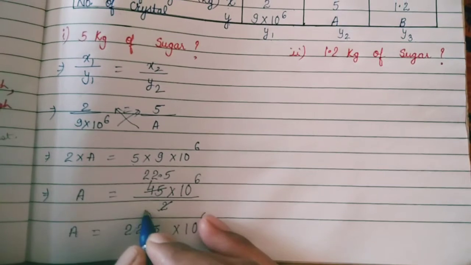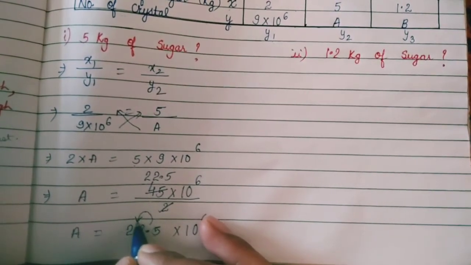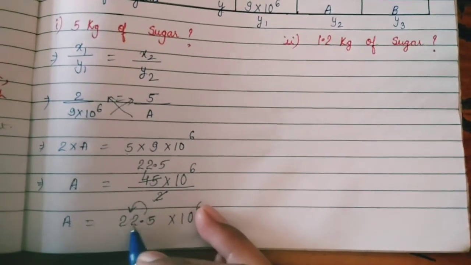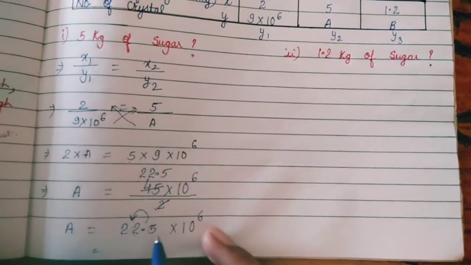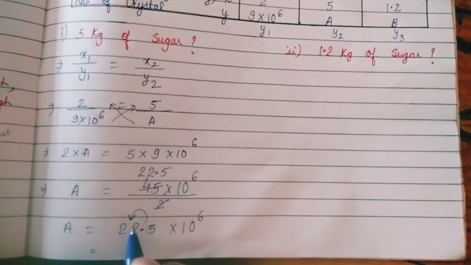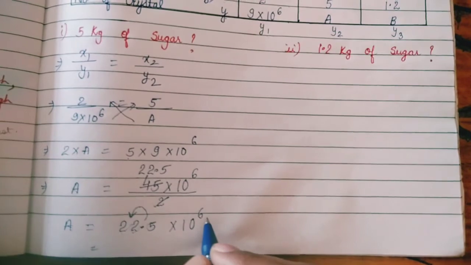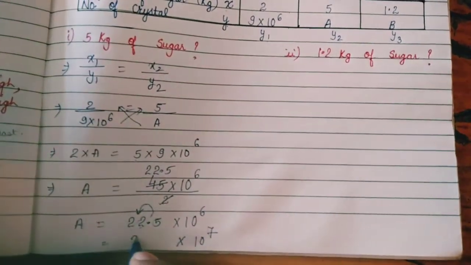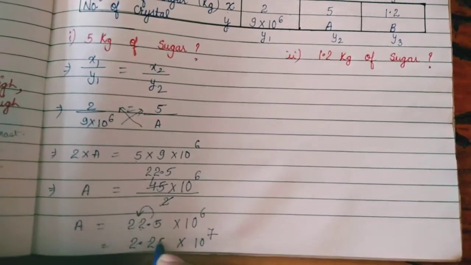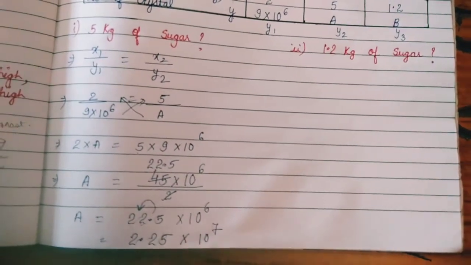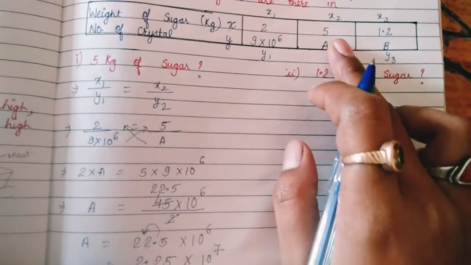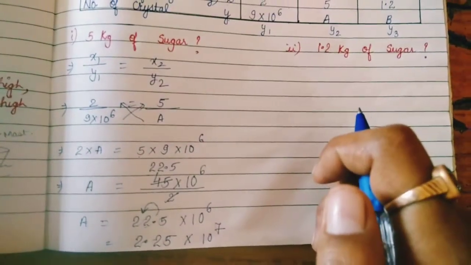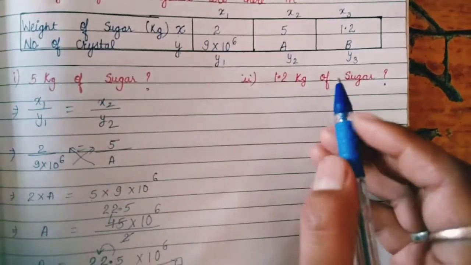We need to shift this decimal to just after the starting 2. That's why we are shifting the decimal from right to left. It means the power will increase by 1. So 10 raised to the power 7, and the answer is 2.25, which will be the number of crystals in 5 kilograms of sugar.